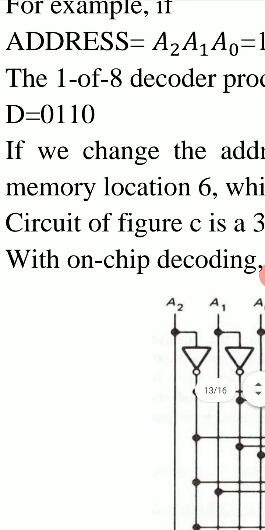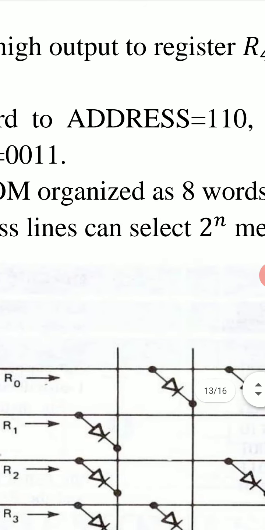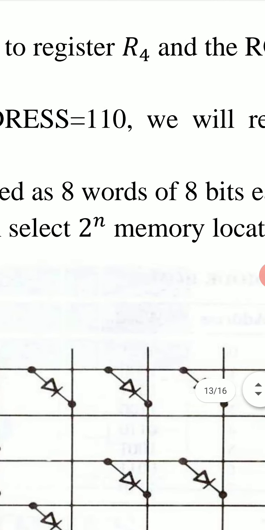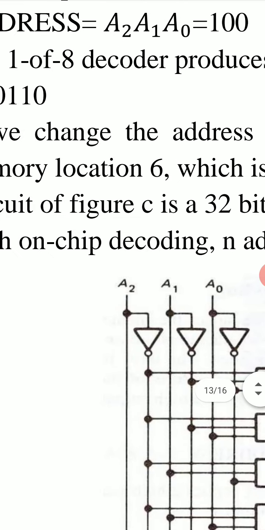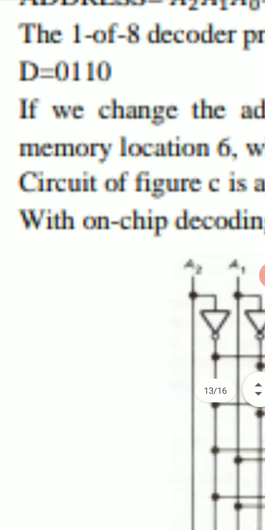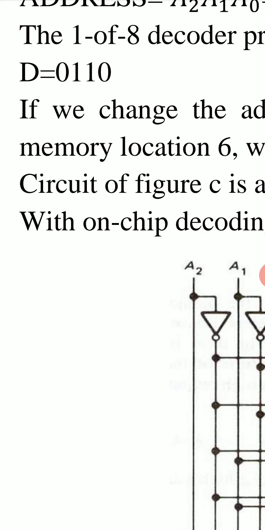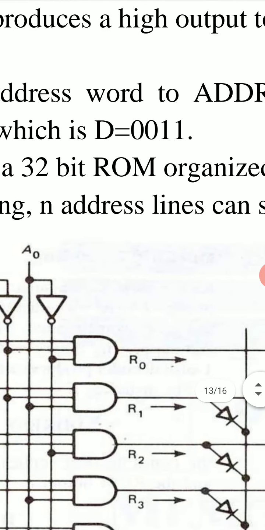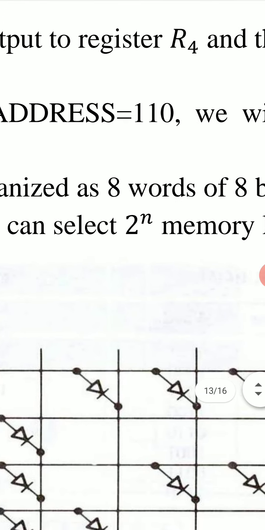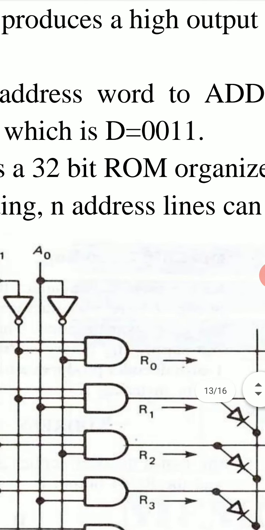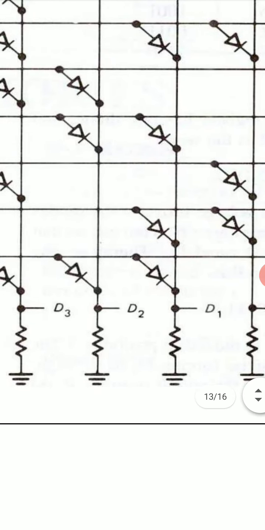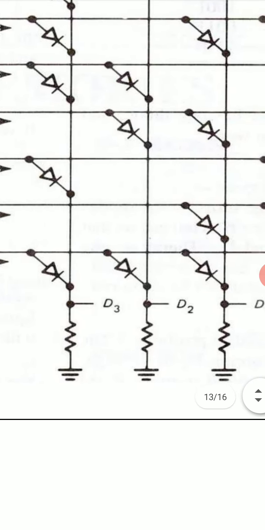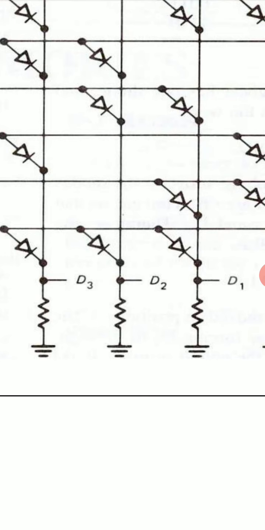the 1 of 8 decoder produces a high output to register R4 and the ROM output is D equal to 0, 1, 1, 0. Because in R4 we have these two diodes and these are on, and these two diodes are connected to D2 and D1.